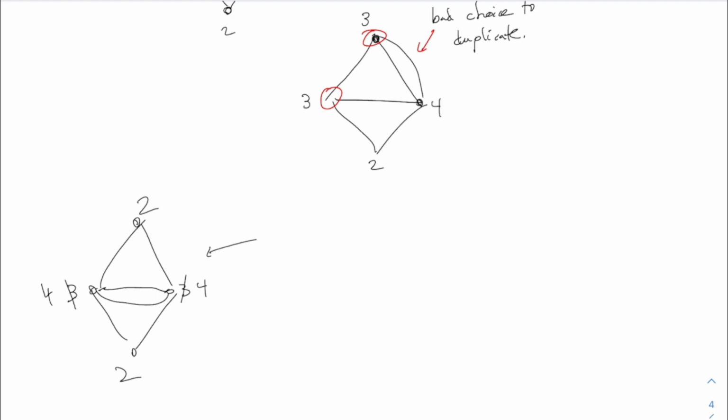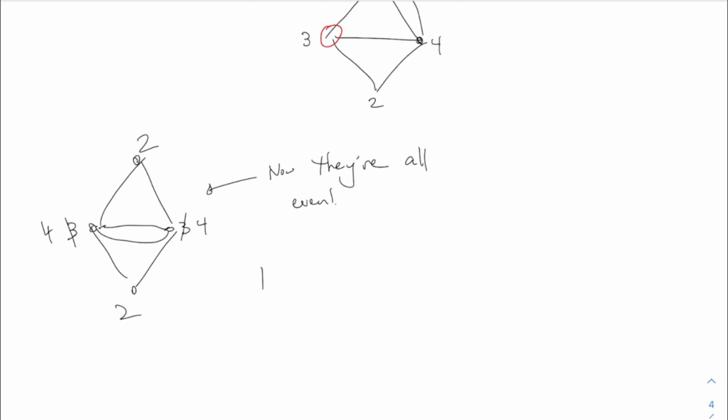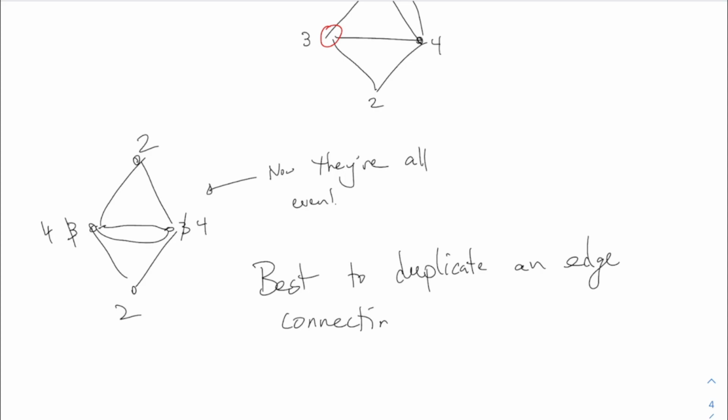So here, now they're all even. All right. So the moral of the story is the best edge to duplicate, if possible, is an edge connecting 2 odds.